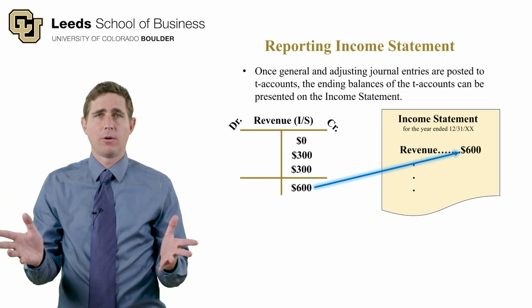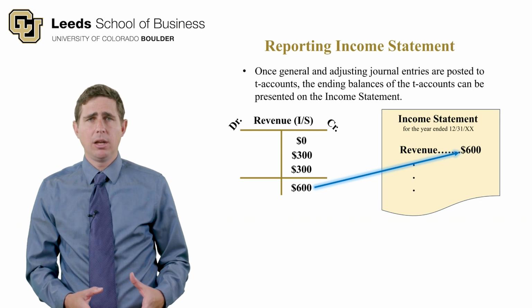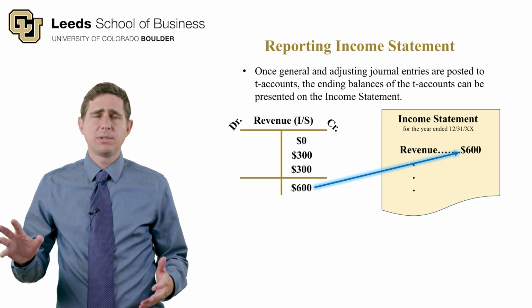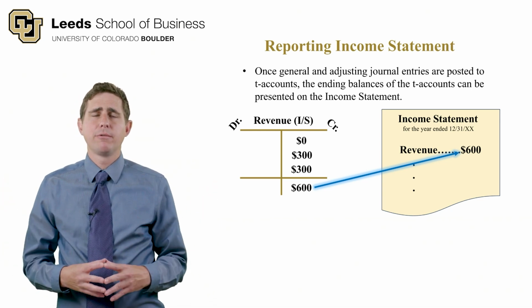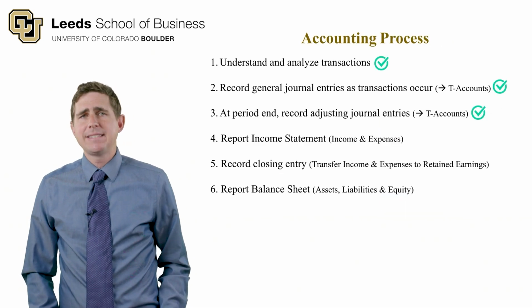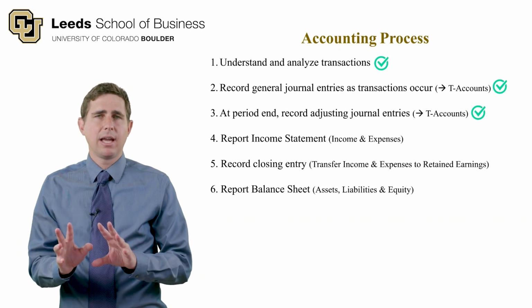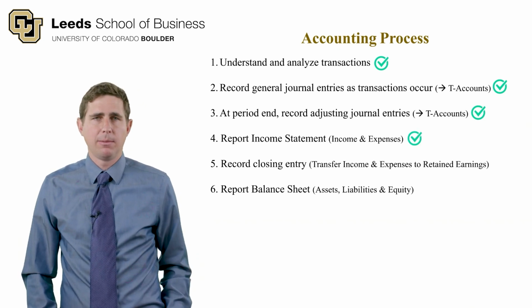So for example, our revenue T account has $600 credit in it. We can just transfer this to the income statement and say, we earned $600 of revenue this year. That's how we report our income statement. We just take our T accounts for our income and expense accounts and we reflect them on the income statement.